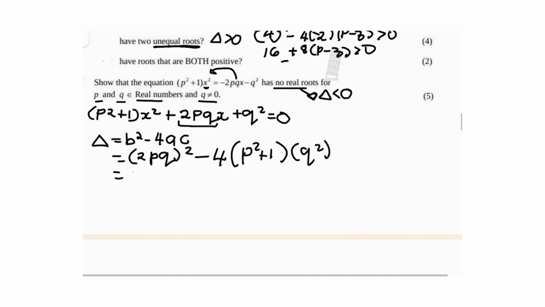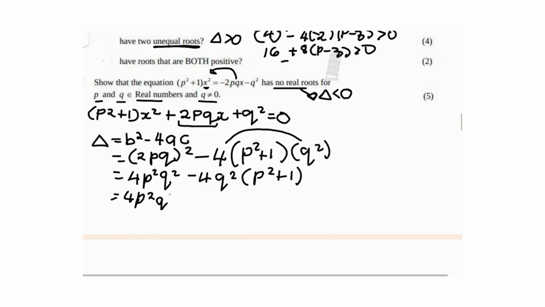So from this point we have 4p squared q squared minus, I'm just going to start multiplying 4 and q squared, and there's p squared plus 1. I hope you are still following, guys. My 4p squared q squared stays as it is, and I have negative 4q squared times p squared. That's going to be negative 4p squared q squared.